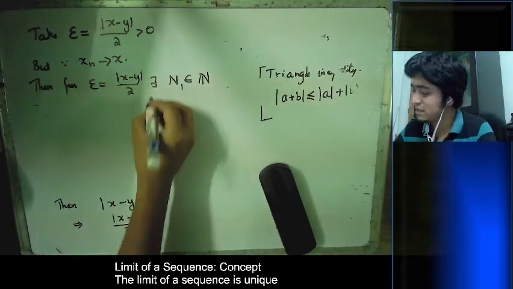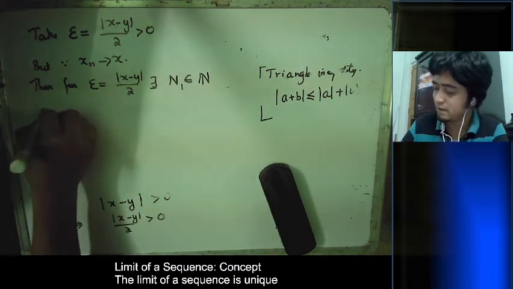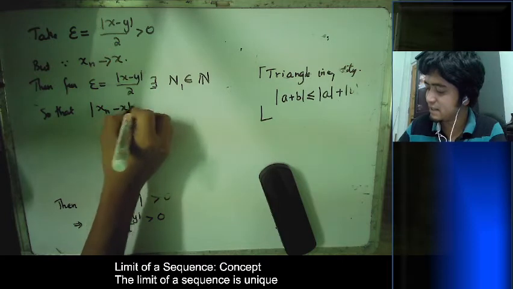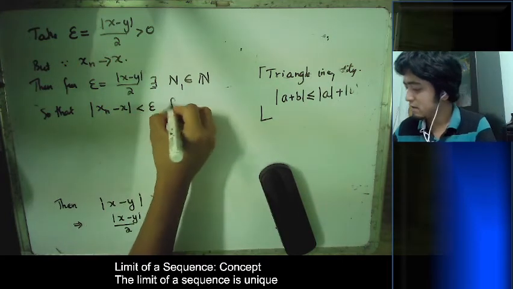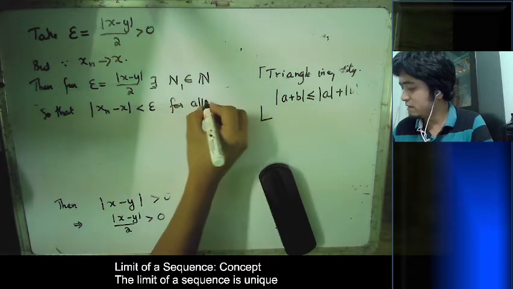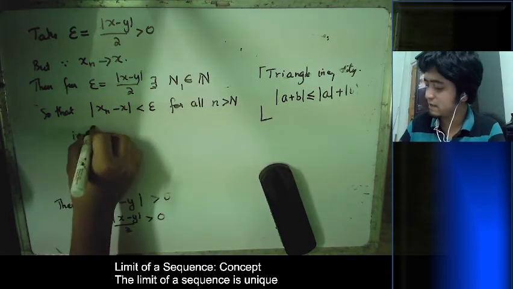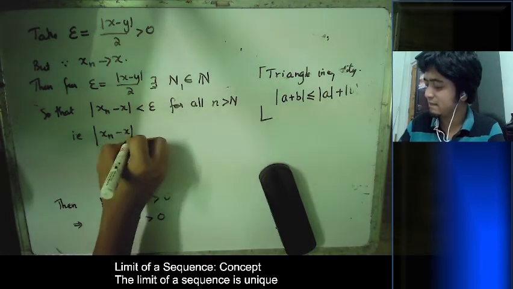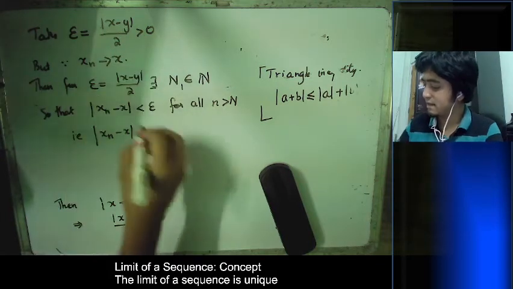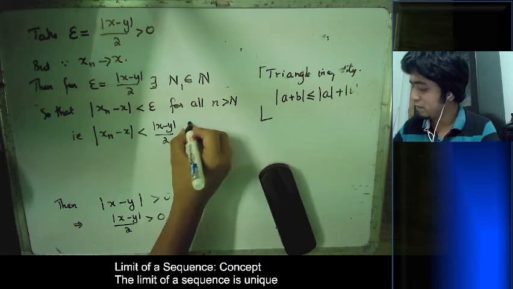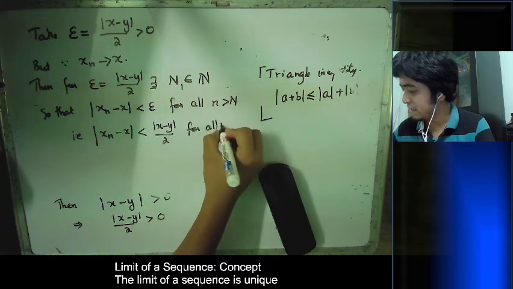It's just a notation, so that |xn minus x| is less than (x minus y) upon 2 for all n greater than n.